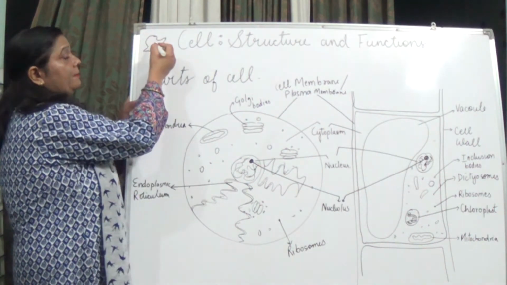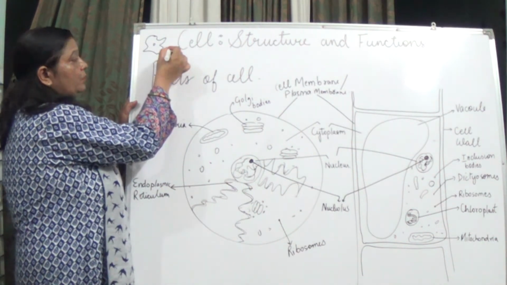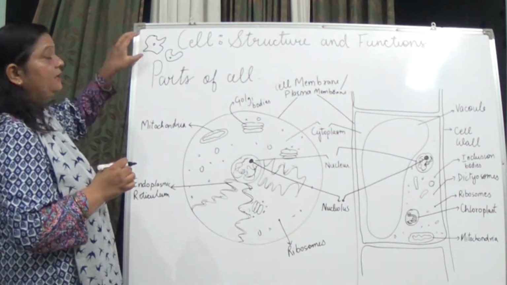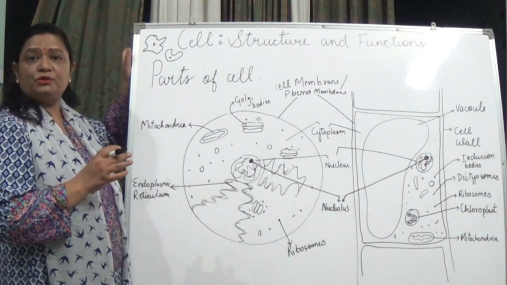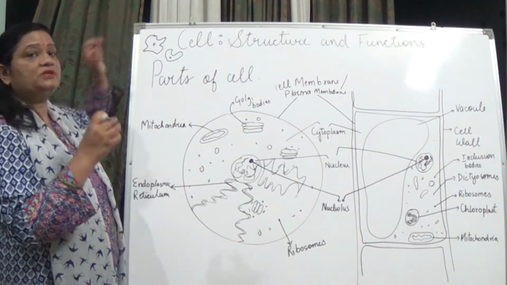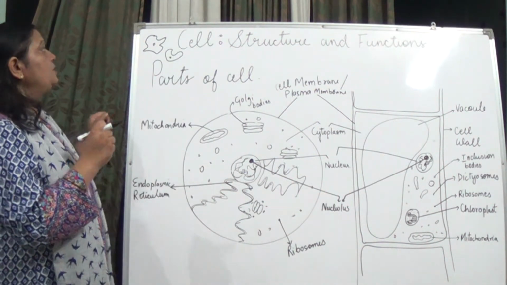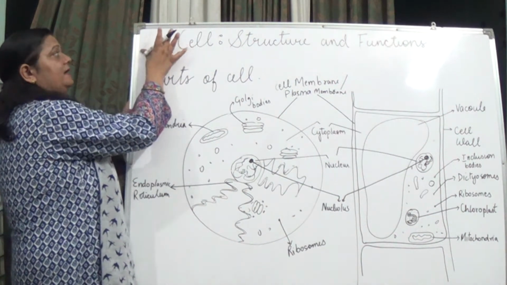Okay, sometimes its shape will become like this, it can be like this also, it depends upon what shape it is producing, because it produces false feet, that is the pseudopodia, and it uses these pseudopodia to capture the food and for movement. So the shape of the cell of this amoeba is irregular in nature.